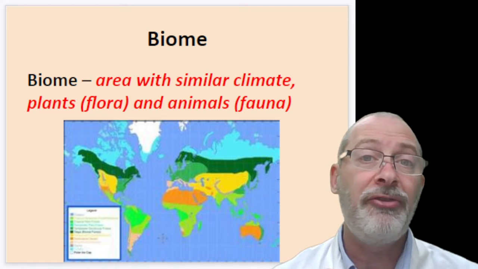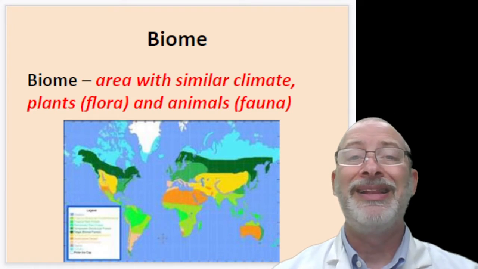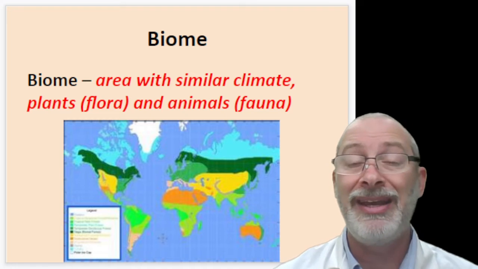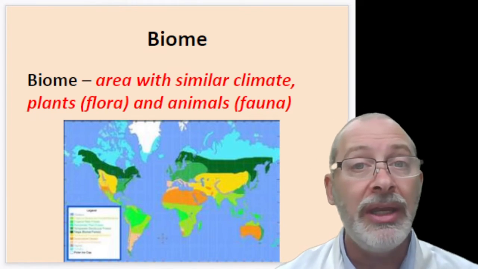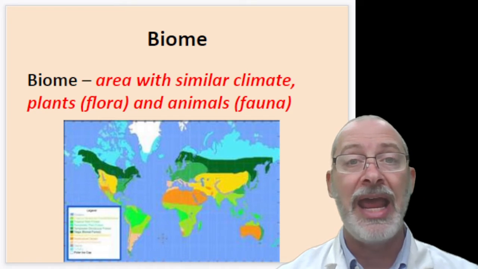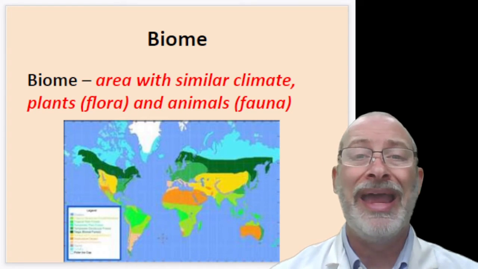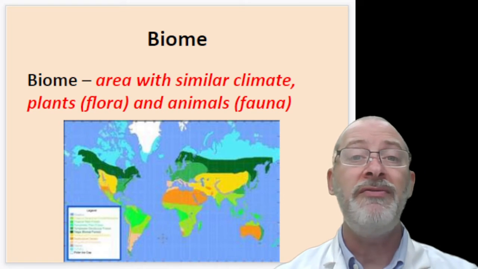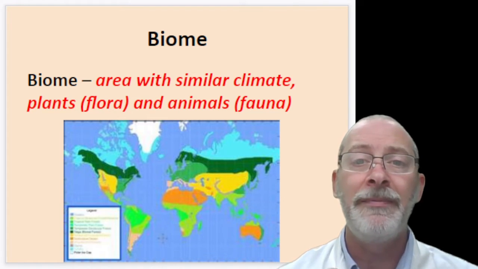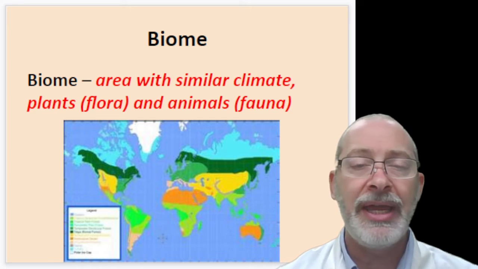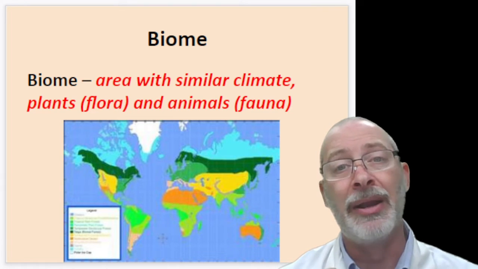And it's these different specific climate regions that allow and attract certain organisms, certain plants and animals. So a biome is one of these areas that has a similar climate, similar plants, and similar animals.